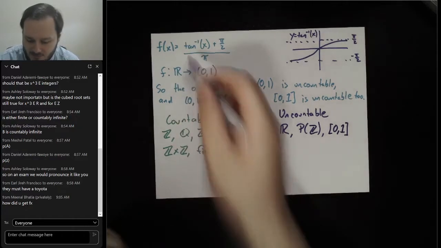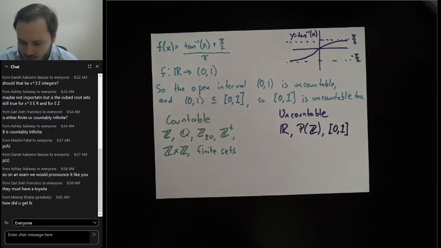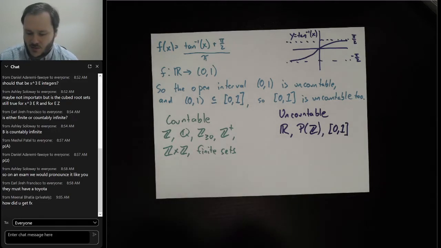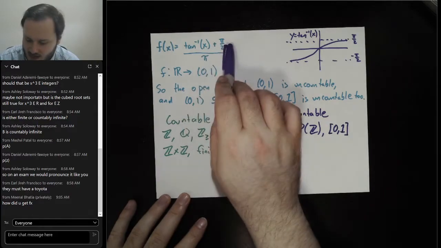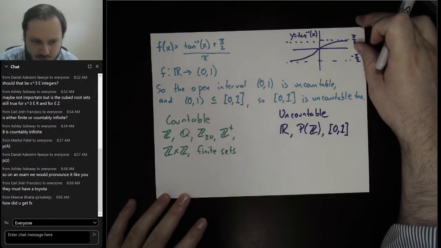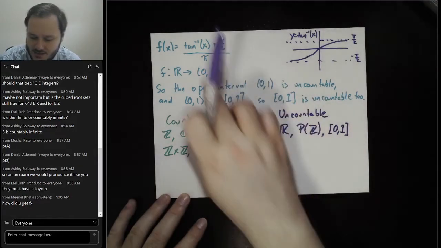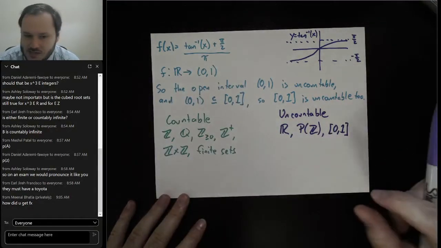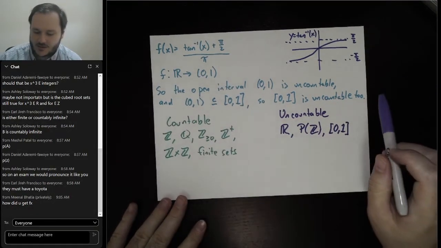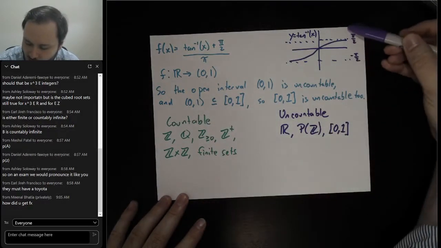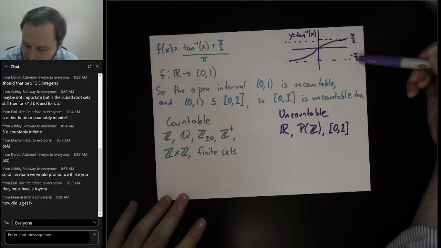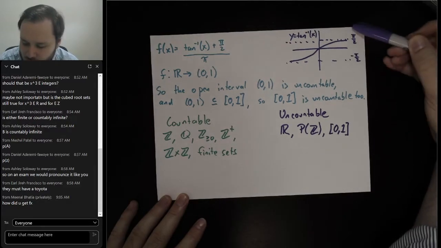How did I get f of x? I knew the answer. So I know that f of x plus a constant shifts the graph, and dividing by a constant squeezes the graph. So all I wanted to do was take this picture and shift it up, so instead of from minus pi over 2 to pi over 2, it was from 0 to pi.